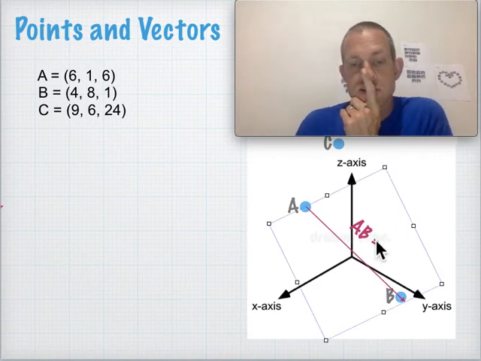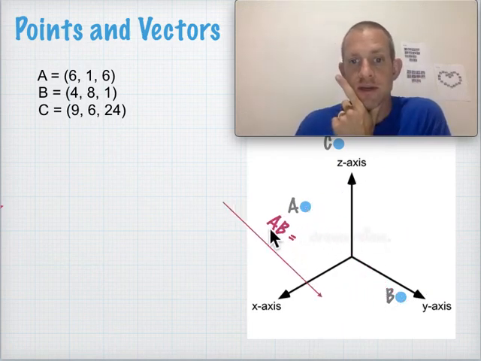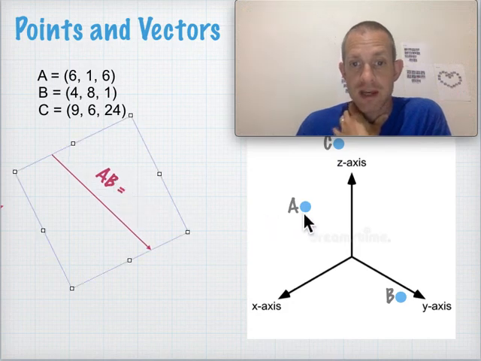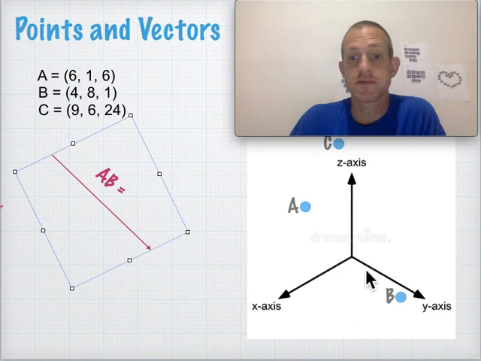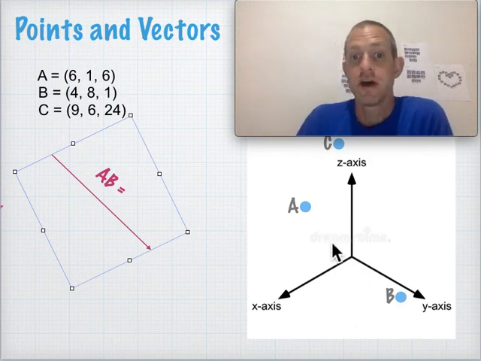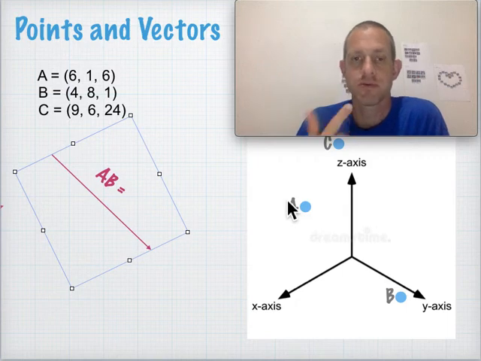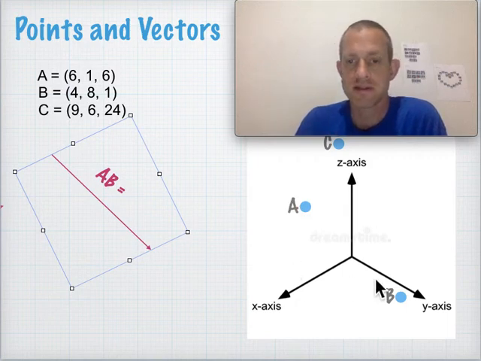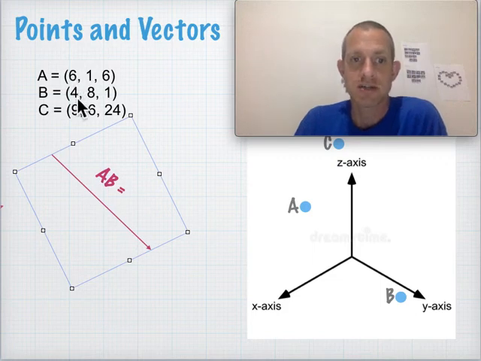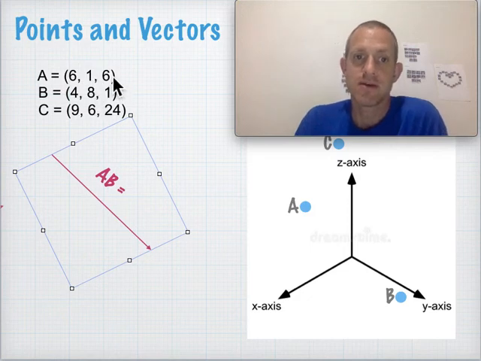To describe vector AB, I could say that I move some amount of space at this particular angle. But I usually talk about that in terms of x component, y component, and z component. So to get from A to B, my x has to decrease by 2, my y has to increase by 7, and my z has to decrease by 5.